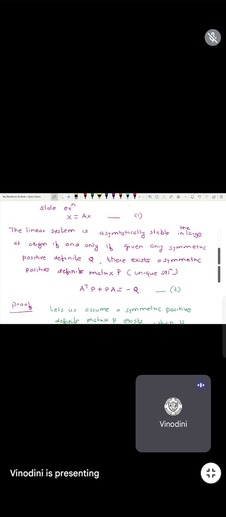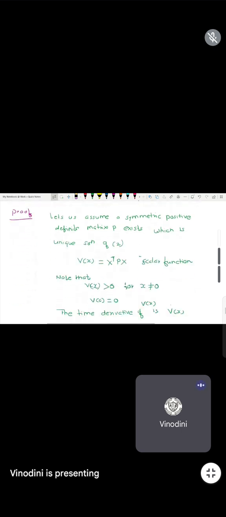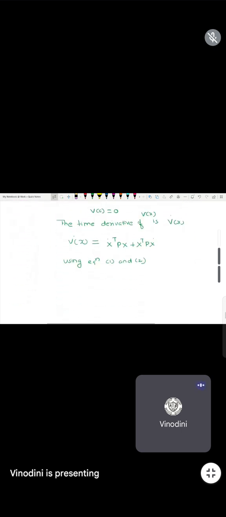So what we are going to do? We are writing the value of V of x. So just check. V dot x is equal to x transpose A transpose P x plus x transpose P A x.